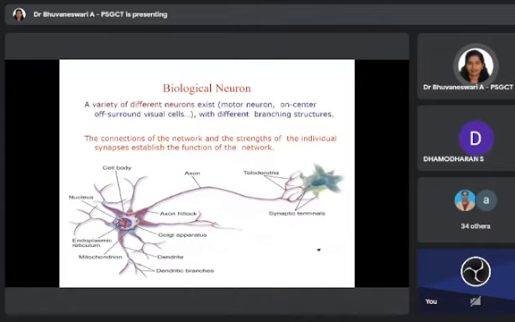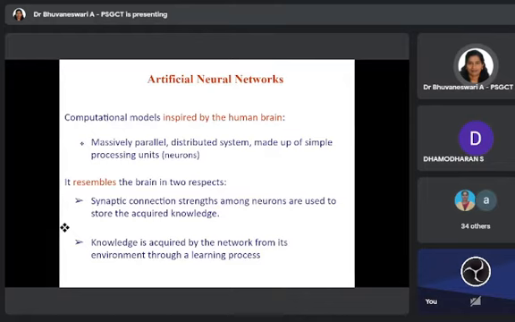Okay, so the same thing is represented here in the artificial network. So the main use of the neurons here is to acquire specific knowledge.